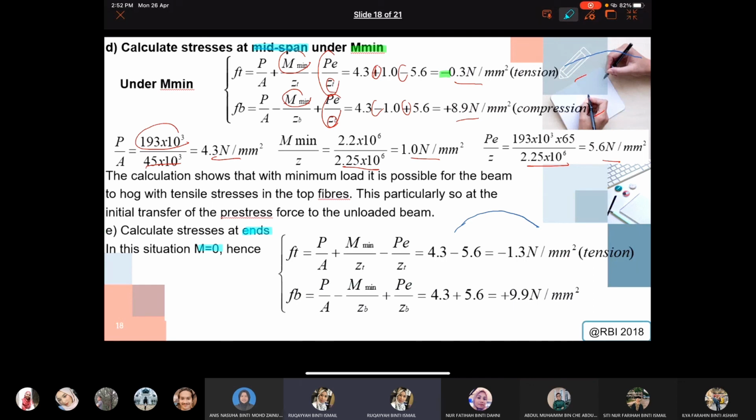So at the end of the span, when we say it's simply supported, generally it will be like this. So here M is equal to 0, and at the mid span will be M maximum. Okay, simply supported.